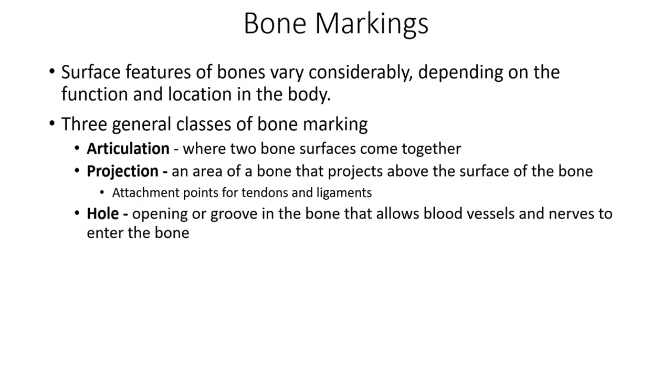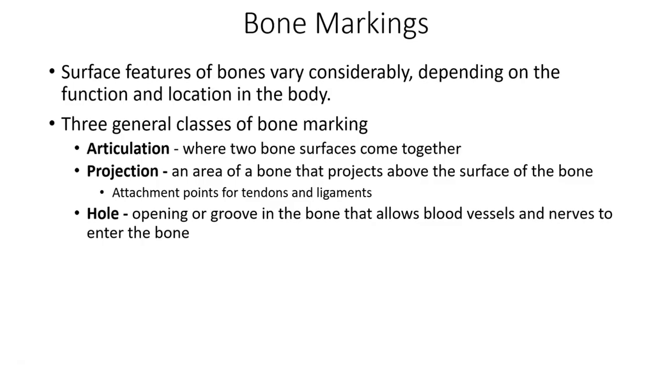Bone markings are surface features that can vary considerably depending on where they're found, both on the bone and within the body. We have three general classes of bone markings. Articulations, where two bone surfaces come together, forming joints.